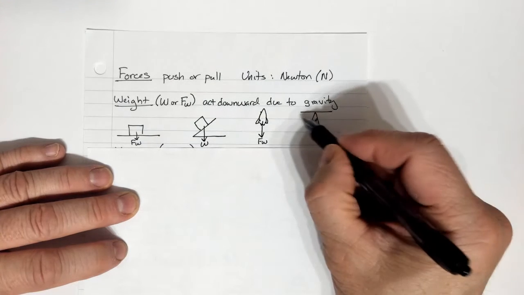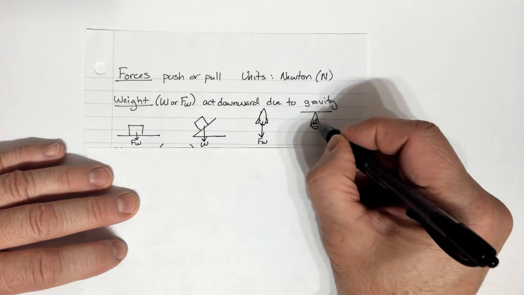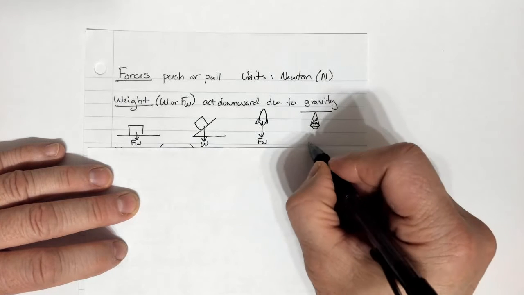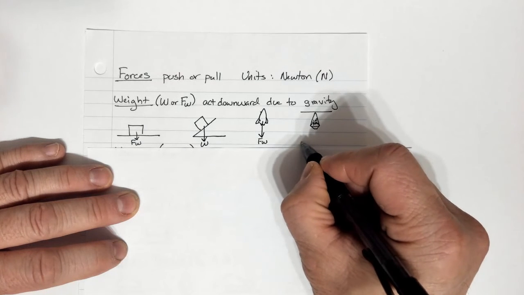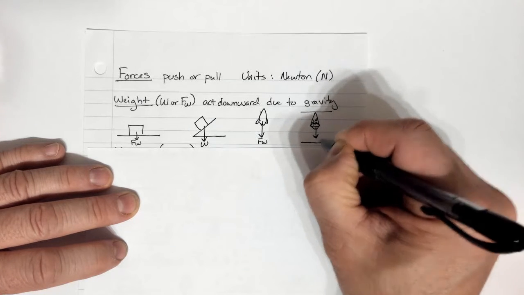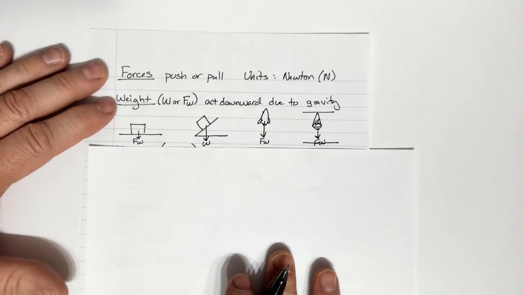Let's say that instead we have a plant attached to our ceiling. You have this plant hanging from the ceiling, and this plant is being acted upon by gravity. Even though the Earth is down here and it's not touching it, there is a force of weight. So anything that has a mass to it will have a force of weight pulling down on it. Okay? So anything that has mass does have weight.